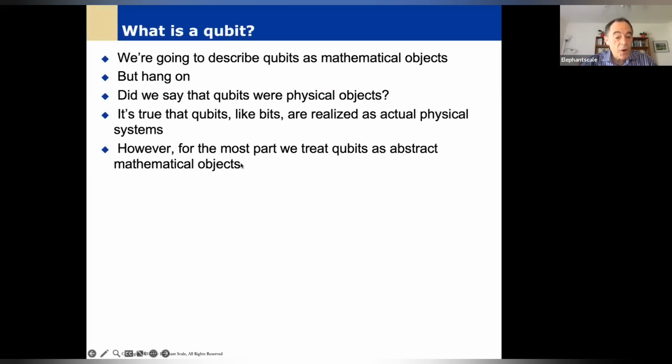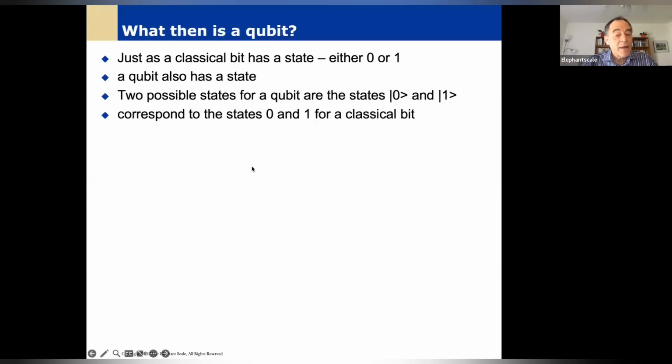If they're mathematical objects, then they are the same. It doesn't matter what the underlying physical representation is. It may be electron, it may be photon, it may be ion, under very cold temperatures, but we will still look at them as a vector. So our vector will start from telling us that just like a classical bit, 0 or 1, the qubit will also have at least those two states.